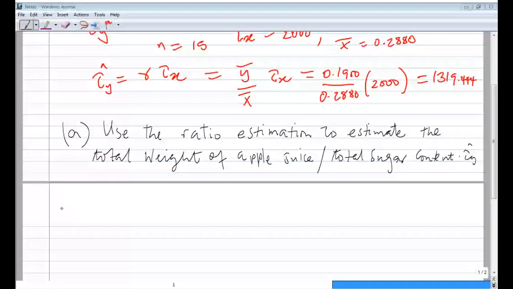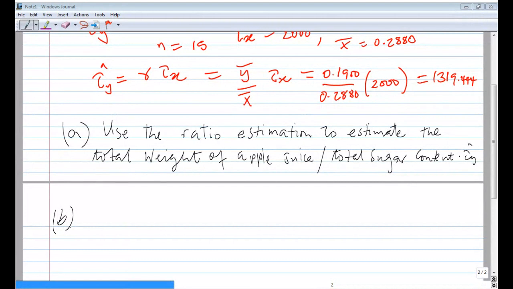Number B says calculate the estimated variance of that estimator estimated there in part A. So it says calculate the estimated variance of tau y.